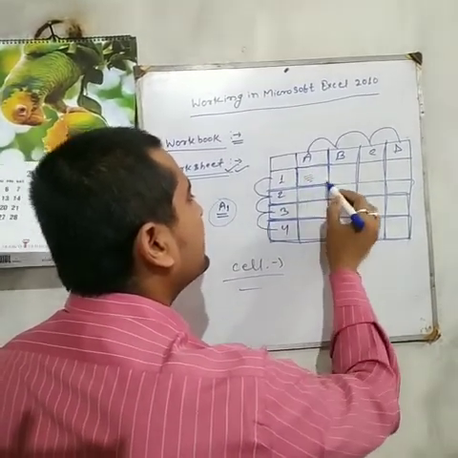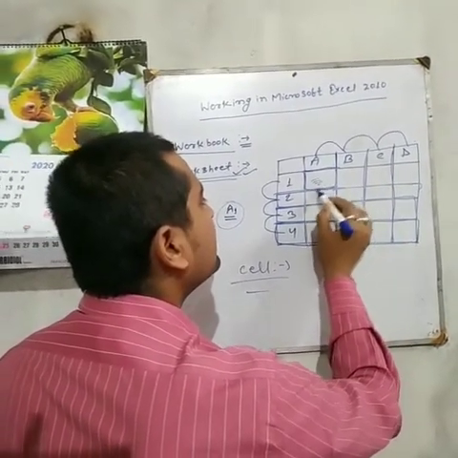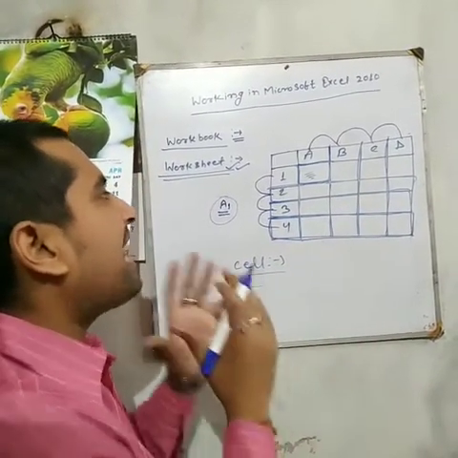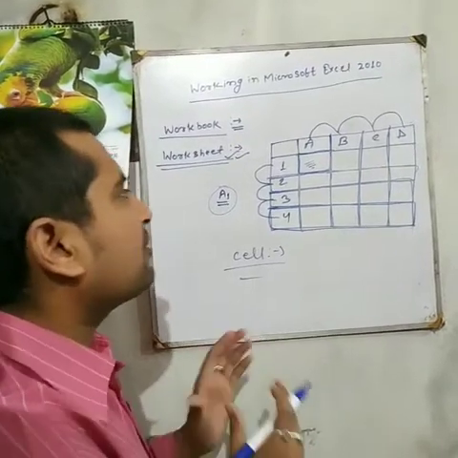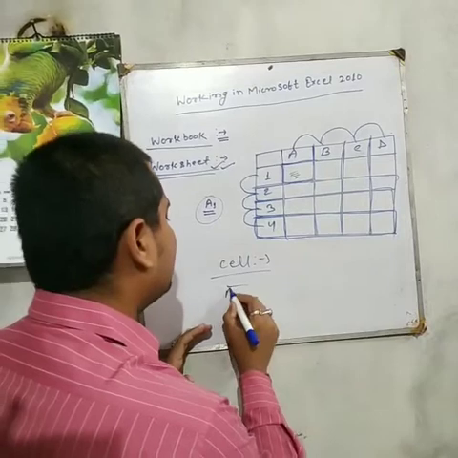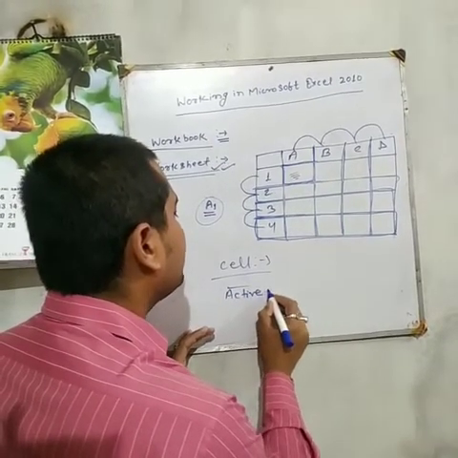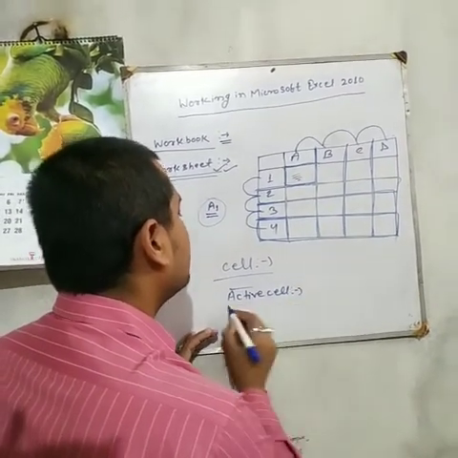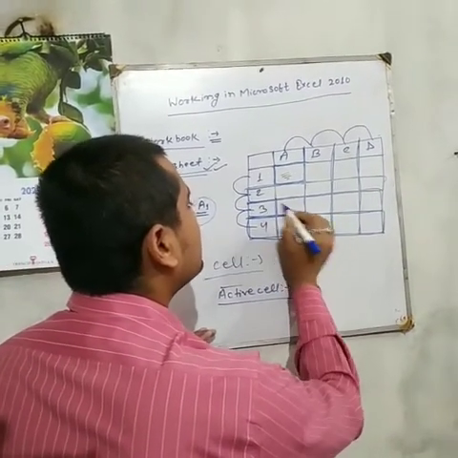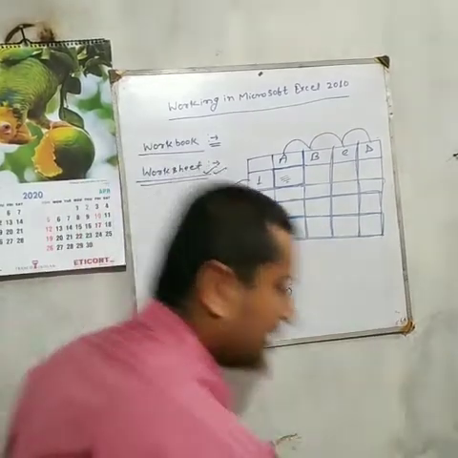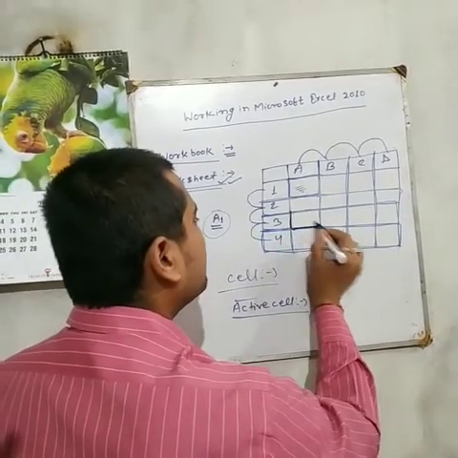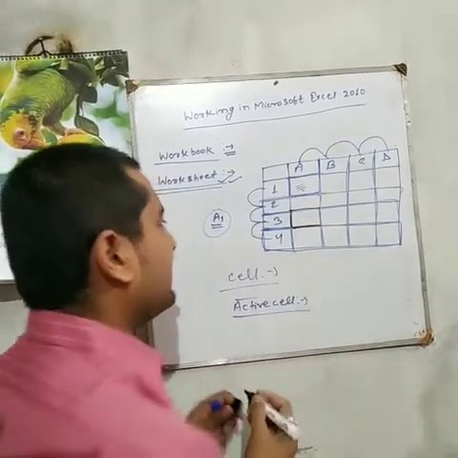A cell is bounded by a rectangular border, and the rectangular highlighted border is called the active cell. A rectangular highlighted border like this one is called the active cell.